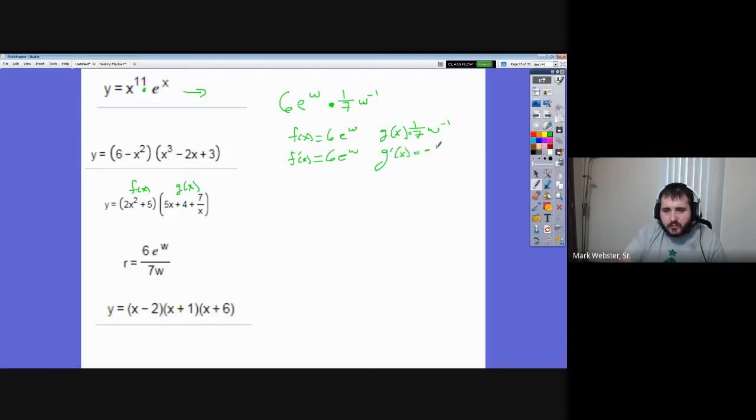So now that's a negative 1/7. And we change this negative 1 to a negative 2. Once again, left d right plus right d left. And you can just multiply all that together. I'm just going to cut to the chase right here. Here's our r prime: negative 6/7 e to the w to the negative 2 plus 6/7 e to the w to the negative 1.